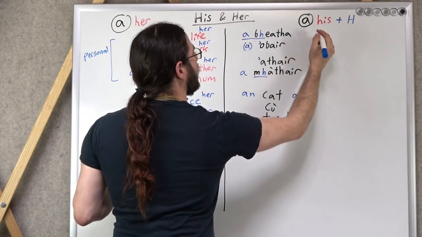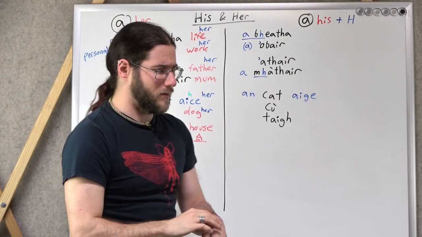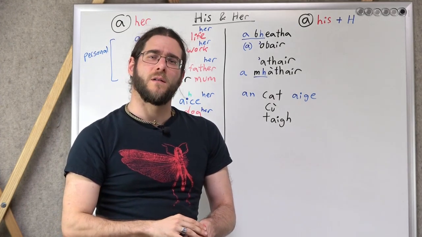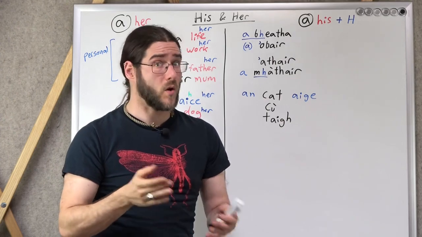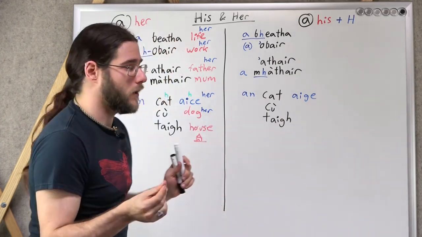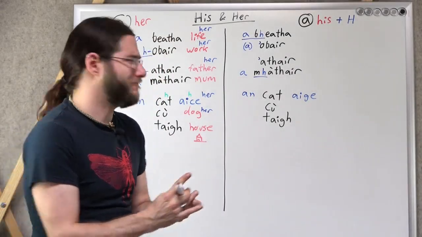Okay. So, now there are a couple times when it might be difficult to tell if it's his or her. There are some letters that don't lenite or take an H. So let's see, what would be an example of that? Neighbor.